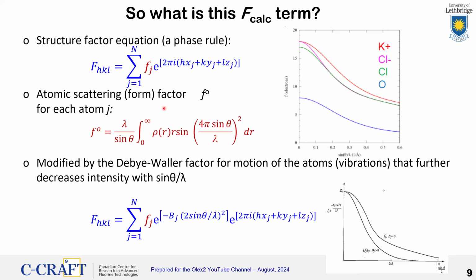Now, the geometry comes into the picture here again, because for every h, k, and l, every Miller index, there is a unique angle of diffraction. That angle of diffraction is given by the angle theta, but we usually work this out as sine theta over lambda, so we make it source independent. We can change the wavelength, as it were, and still get the right answer.